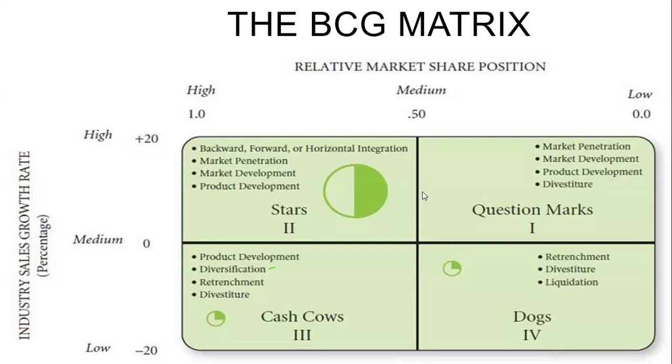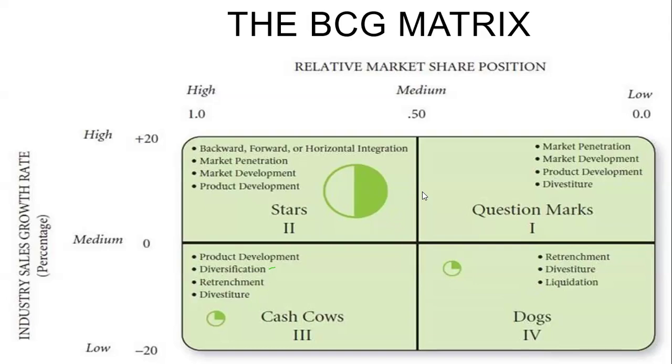Stars. Simply, when we say a particular division or a product is the star of the organization or is the star of the parent company, the interpretation is that that particular product commands high market growth rates.